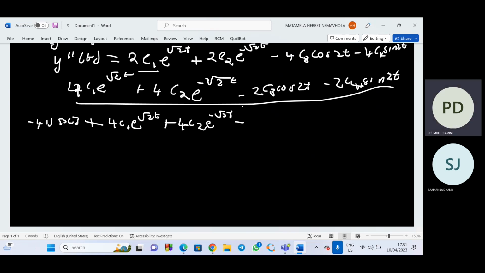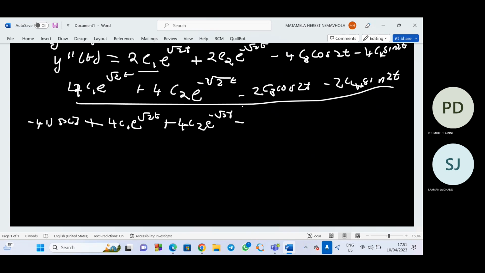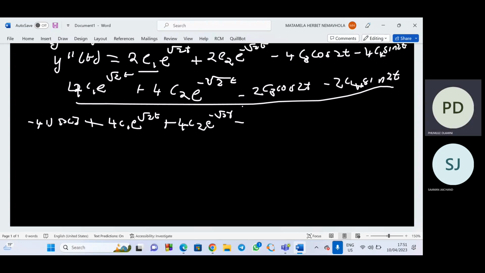Just give me a moment, let me check something. It is minus 2c3 cos 2t, not x.